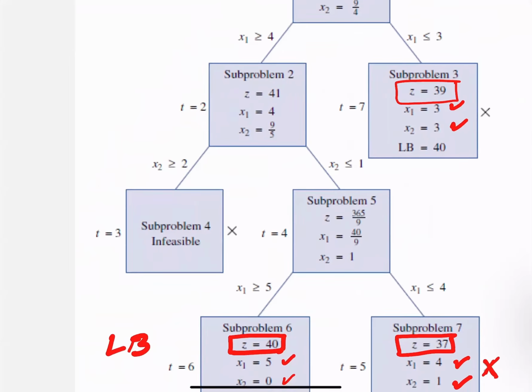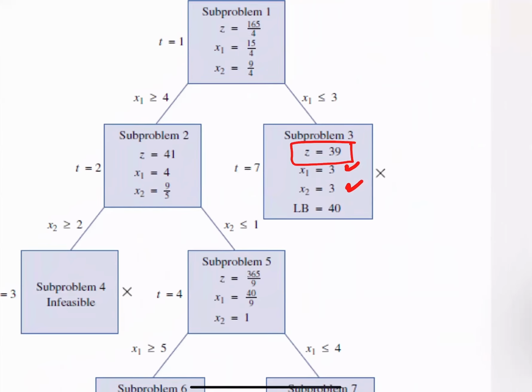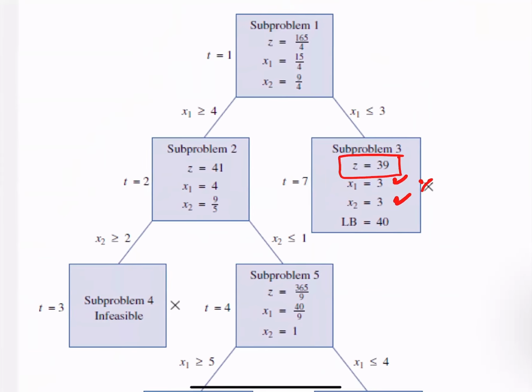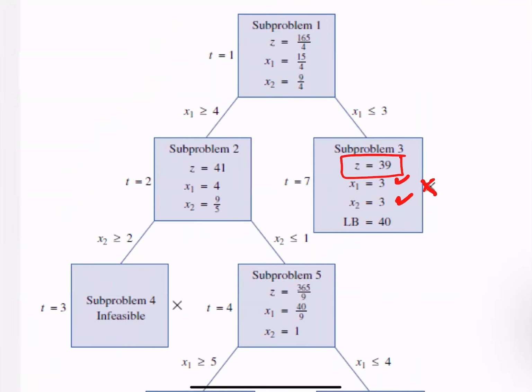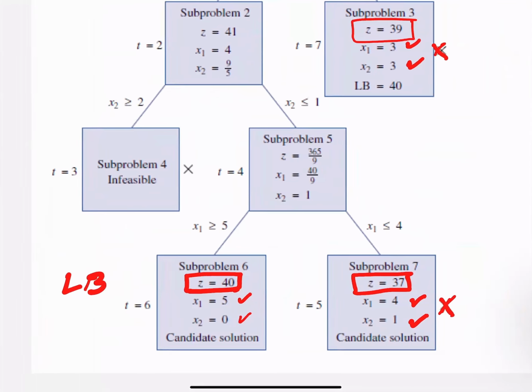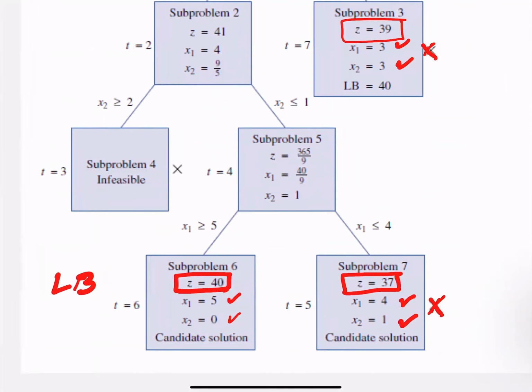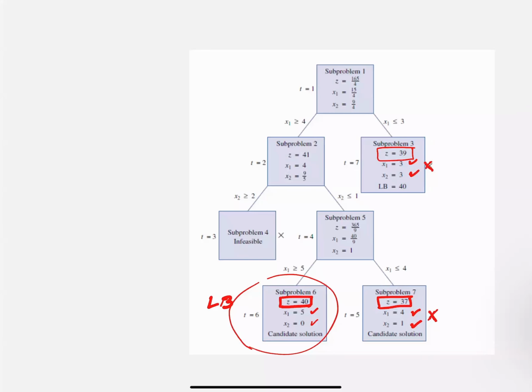But our lower bound is 40. So we drop that one too, because the other one is already better. So this is the optimal objective function value. Why? Because there is nothing else to explore. We have explored everywhere. Does it make sense?